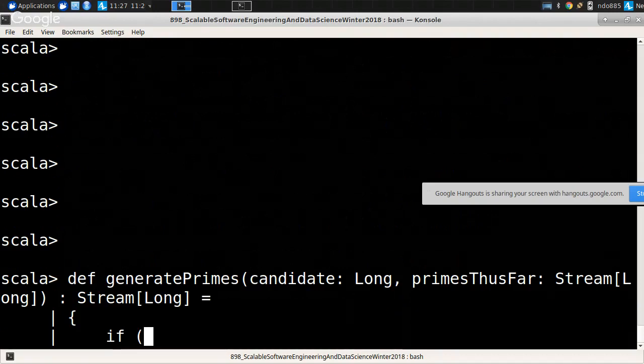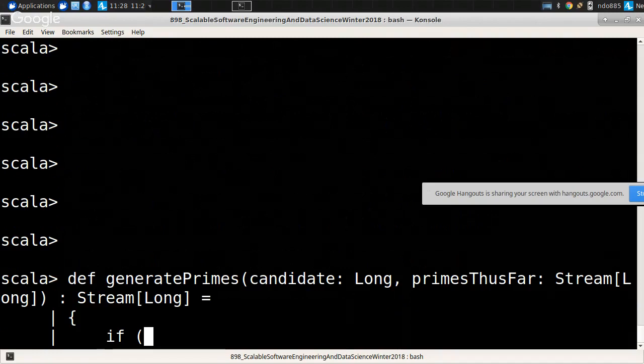So here's the deal. We're going to filter out for the primes thus far. We're going to filter out ones that are too big to possibly divide ours. How do we know if it's too big? Yeah, it's greater than the square root of this.